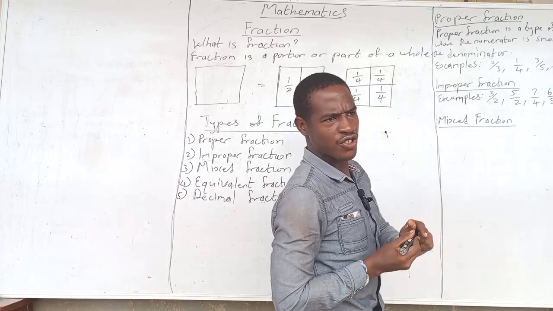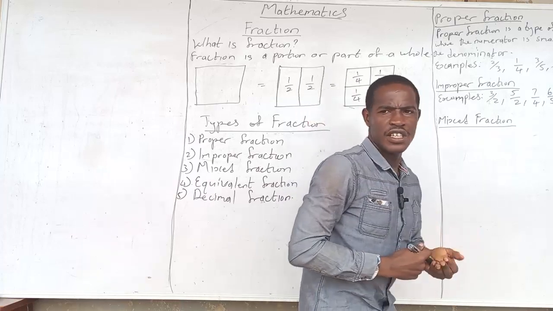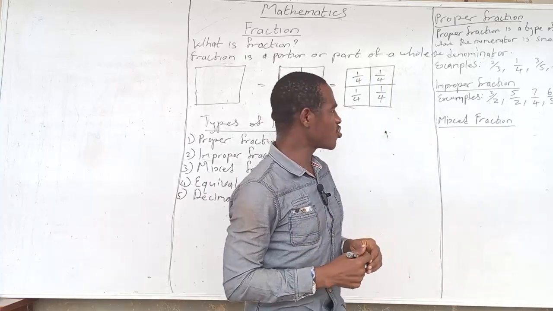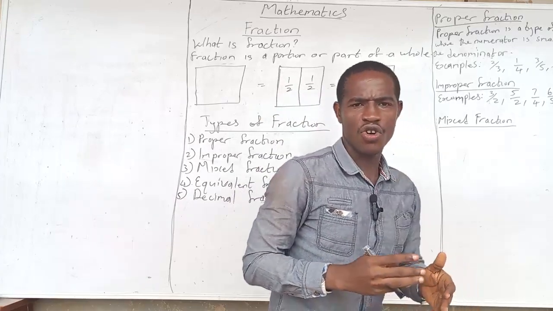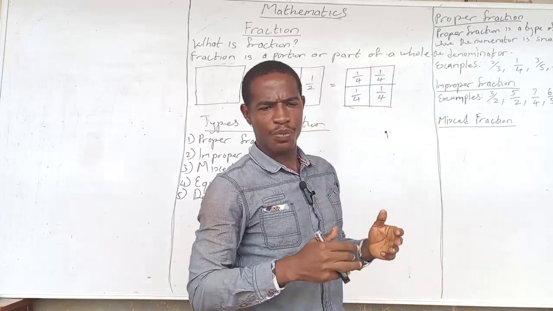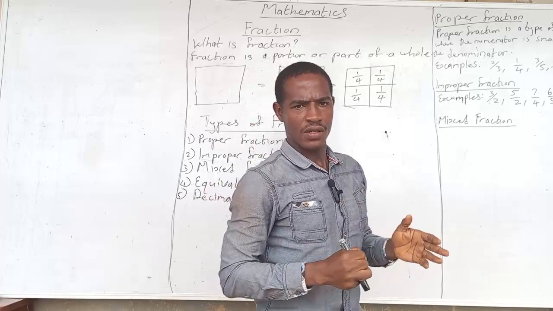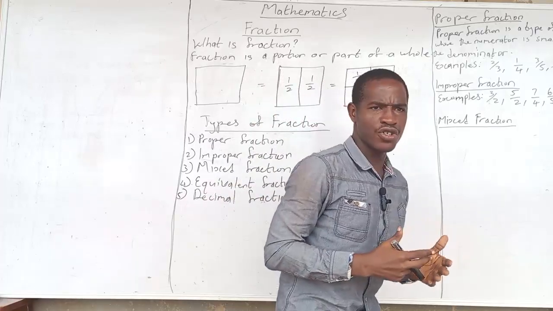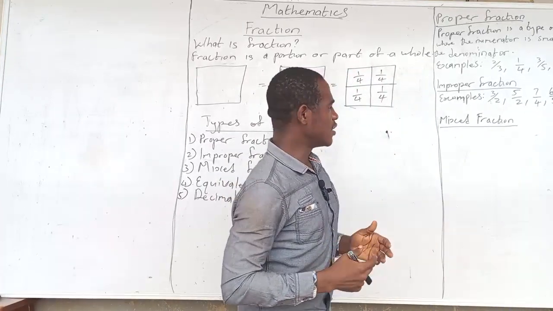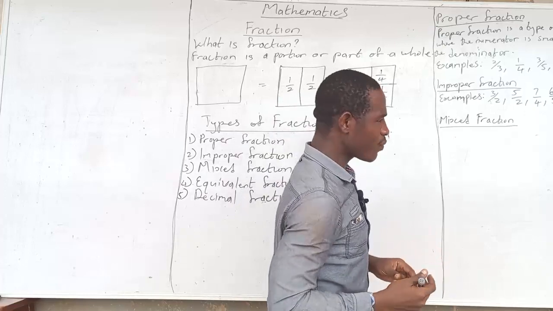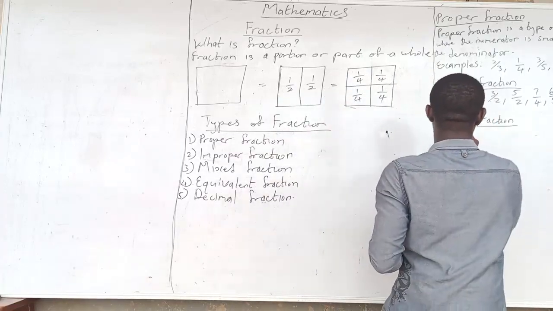Talking about mixed fraction, why do we call it mixed fraction? This is a type of fraction whereby it has the combination of whole number and proper fraction. Mixed fraction is the one that has the combination of whole number and proper fraction.